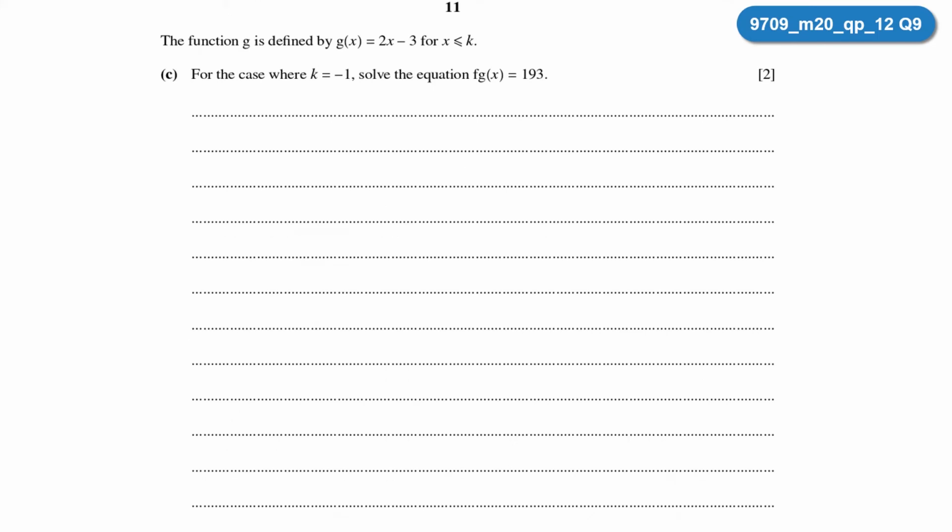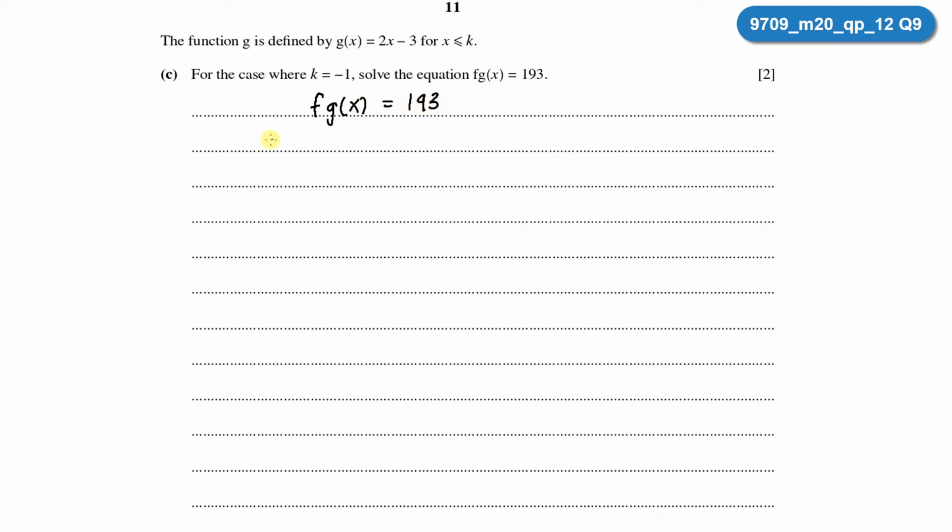For part C, it goes: the function g is defined by g of x is equal to 2x minus 3 for x less than or equal to k. For the case where k is equal to -1, solve the equation fg of x is equal to 193. So here we want to find the composite function f of g of x, and it's equal to 193.